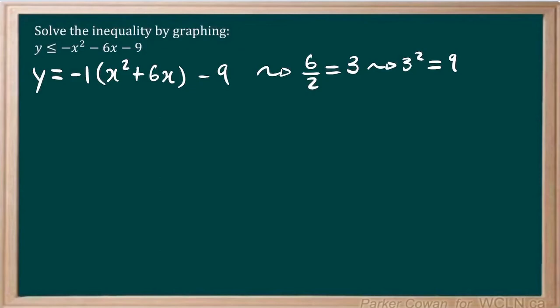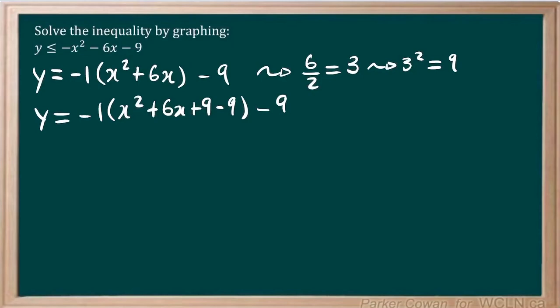So we're essentially not adding anything to this equation, but by adding and subtracting 9 we can complete the square. So we continue on here, x squared plus 6x plus 9 minus 9 minus 9.